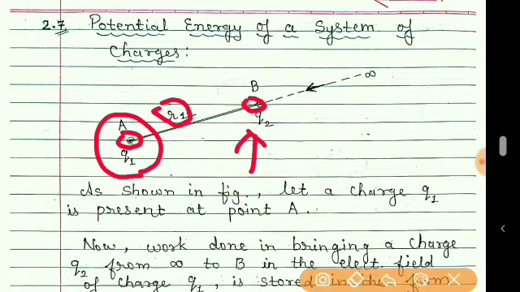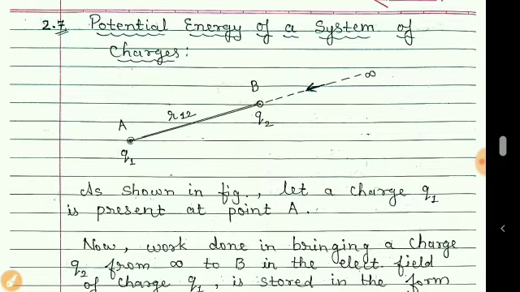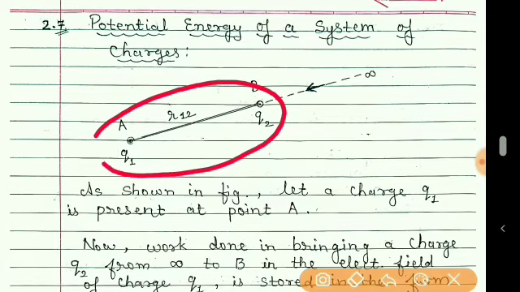The work done on this charge in the electric field of charge Q1 gets stored in the form of potential energy, and that potential energy is always due to the system of two charged particles.